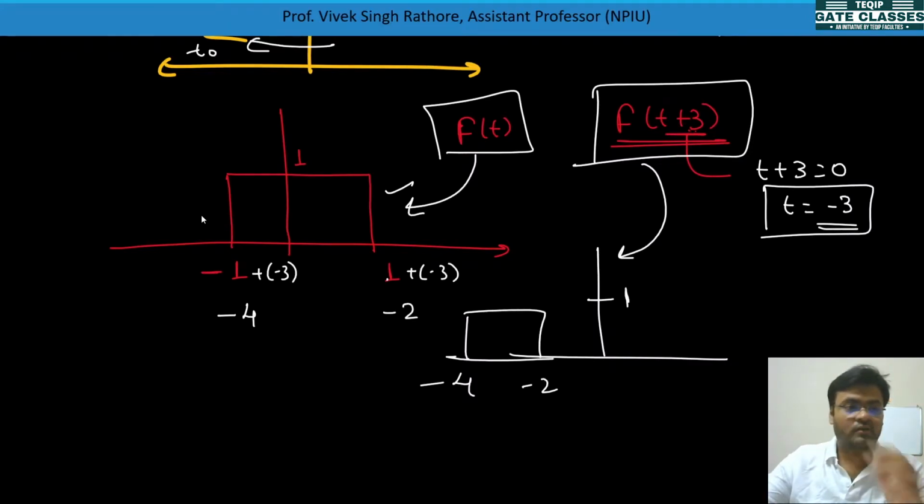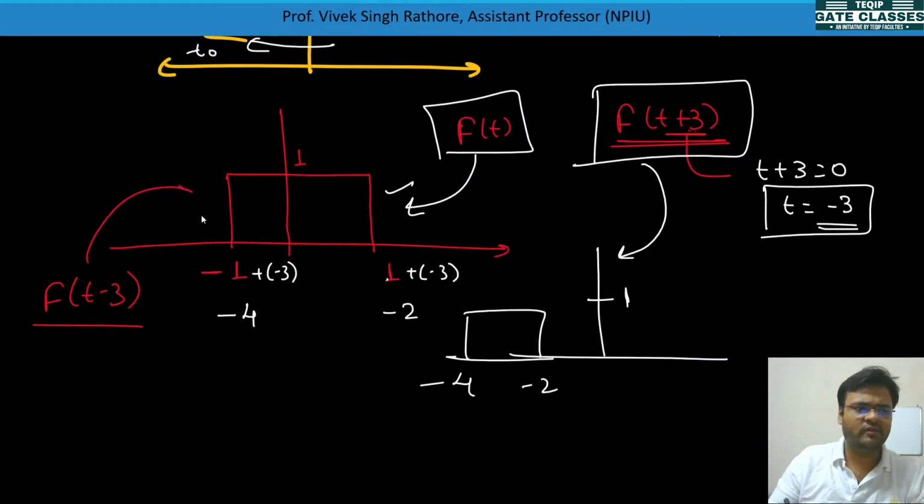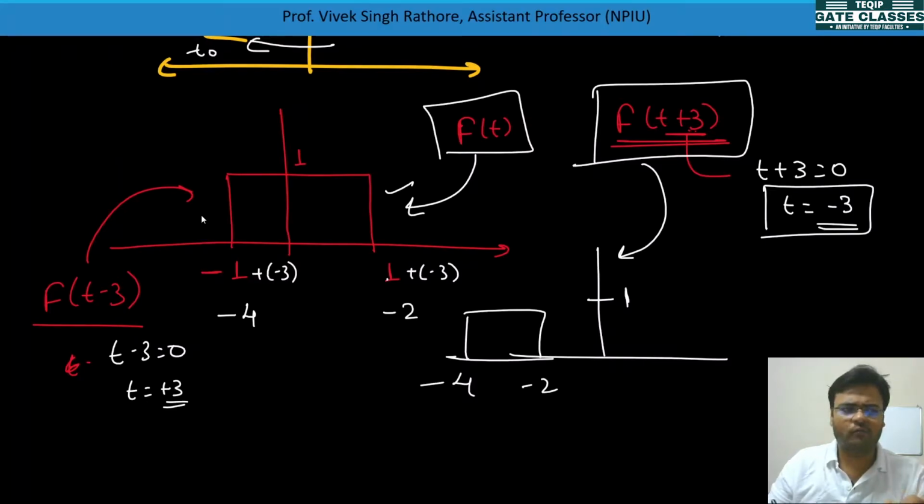Now if anyone asks you to do f(t minus 3) of the same signal, you equate t minus 3 with 0 and get t equal to plus 3. As I told you, you just add whatever value comes here. So minus 1 plus 3 is 2, and 1 plus 3 is 4.